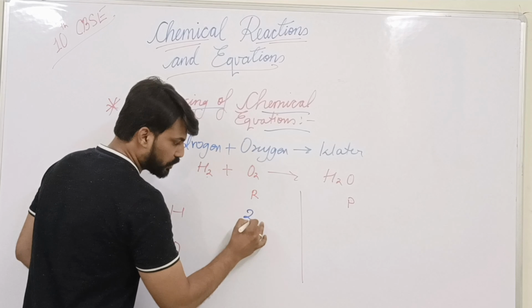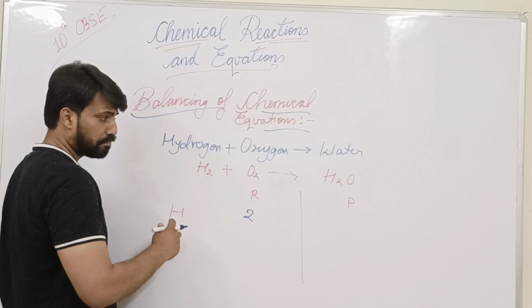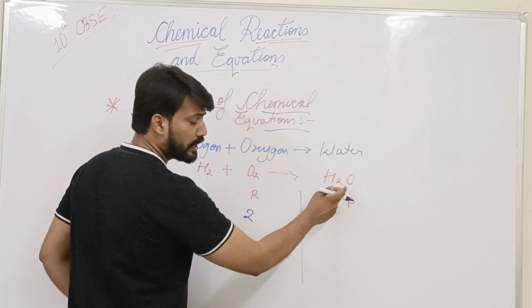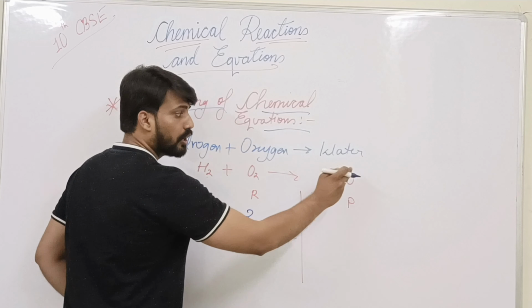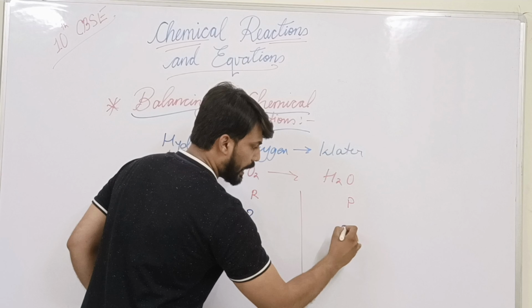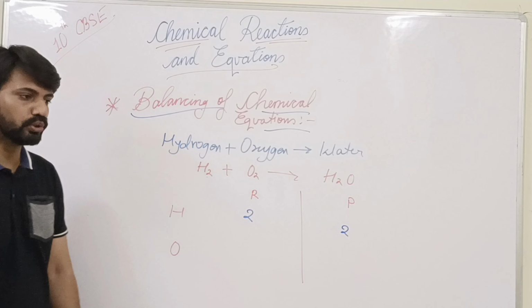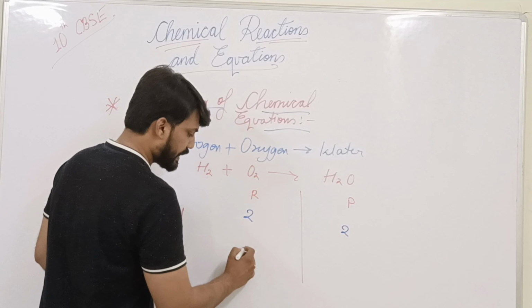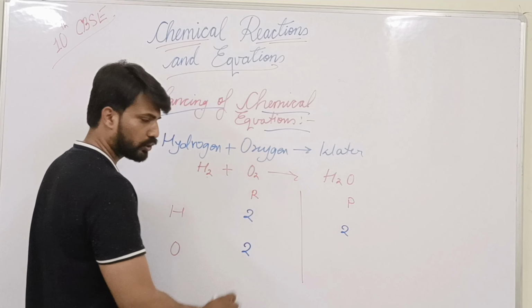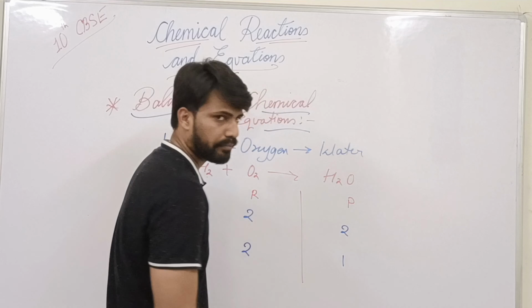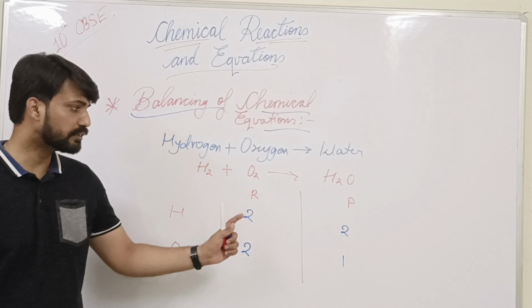So 2 atoms of hydrogen are there on the reactant part, whereas here also it is H2, meaning this 2 belongs only to H, not to O. Understand this also. So how many atoms of hydrogen? That is again 2. Now let's look toward the oxygen part. Here on the reactant side the atoms of oxygen are 2, and on the RHS side it is 1. Okay. Now this part is done.